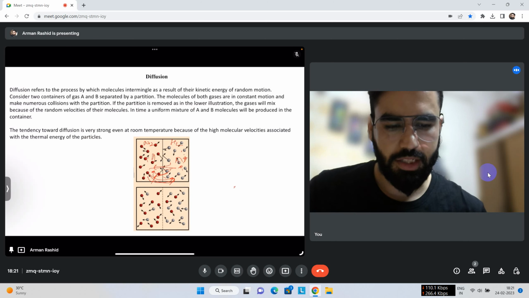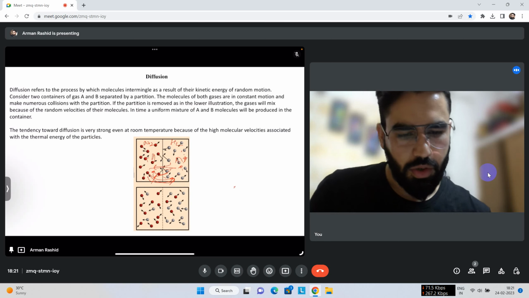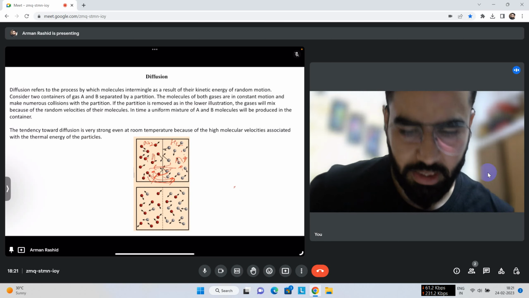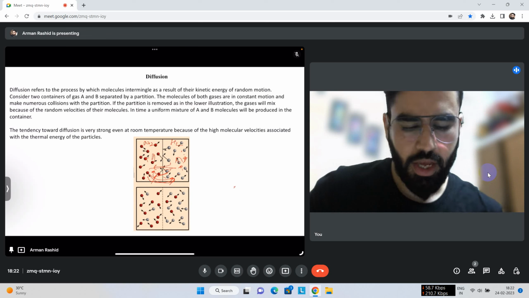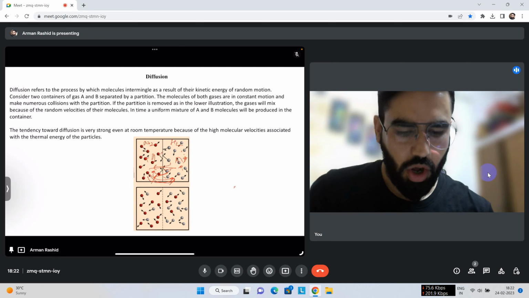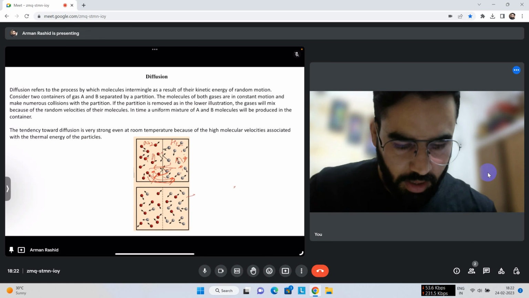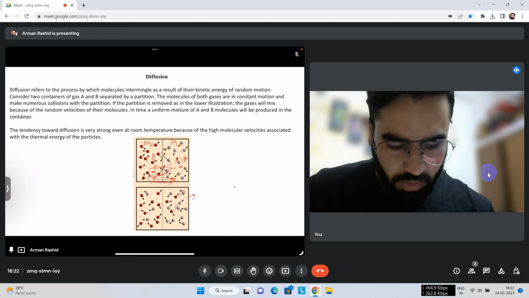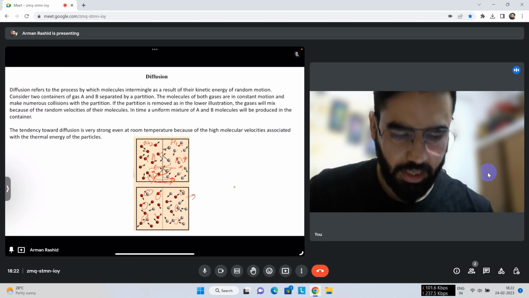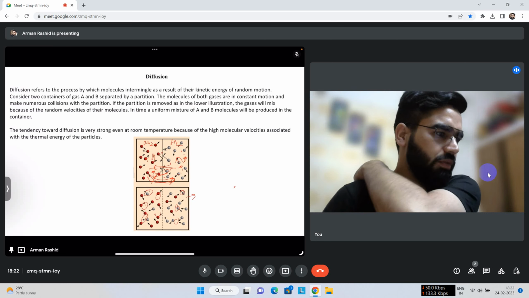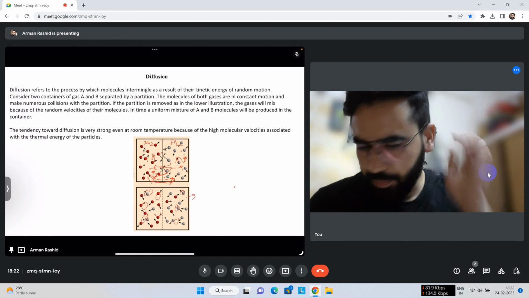This process is called diffusion, and it occurs because of the random motion of the gas molecules. We will see no net diffusion when the composition at any place in the container is the same. At that time we say it has attained equilibrium.